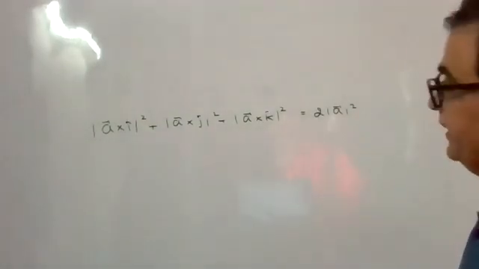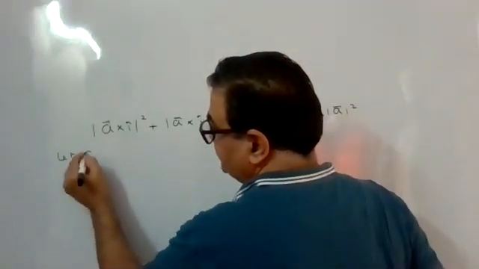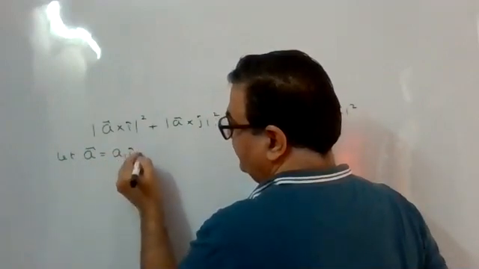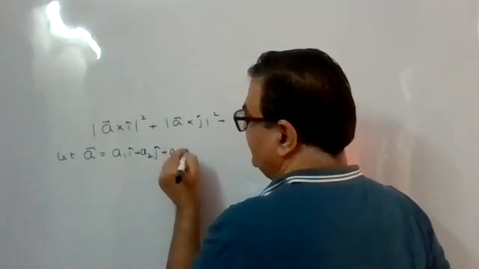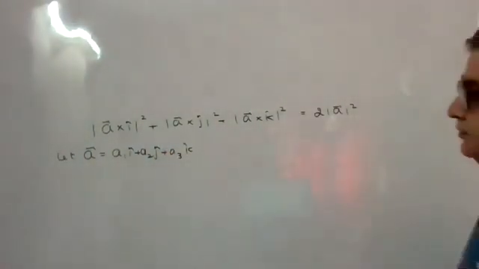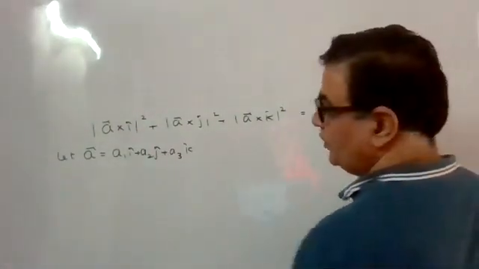So what we do in this case, we will start, let A vector is A1 I plus A2 J plus A3 K. This is vector A we have. And now we have to prove this result is twice of A square.